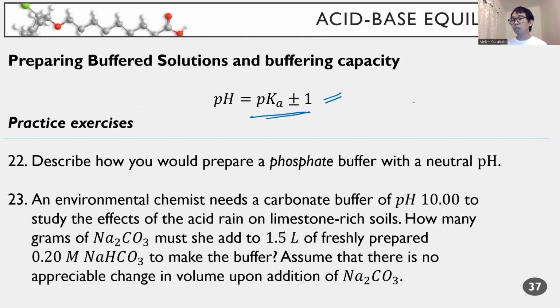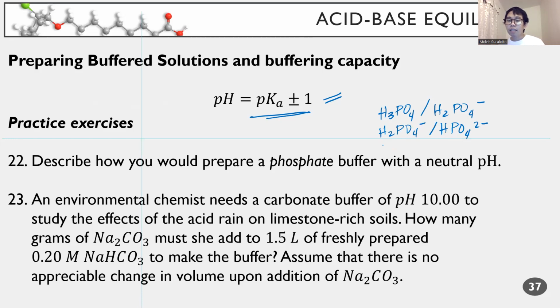Ito, as I mentioned, for the phosphate buffer, there are three main equilibrium reactions. The first one is the first dissociation. You have H3PO4, H2PO4 negative mixture, pwede yan buffer. You can also prepare a buffer out of H2PO4 negative and HPO4 2 negative.